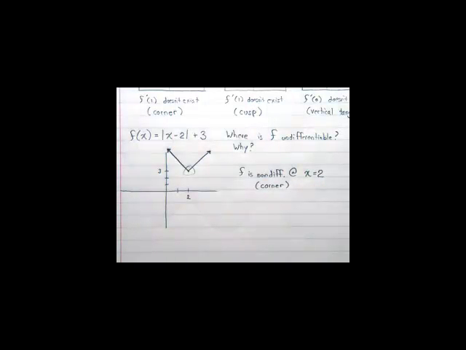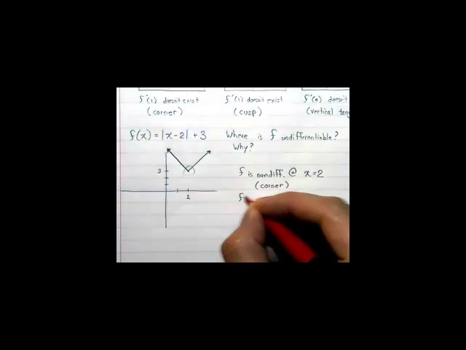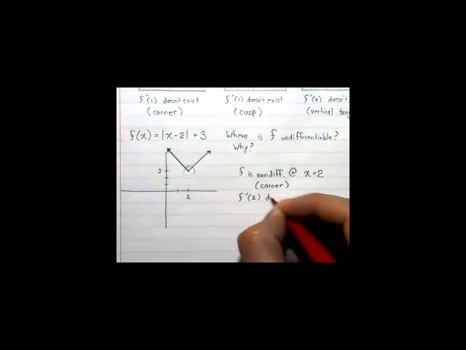Question? Remember, f prime means derivative. So f prime of 1 doesn't exist would be the same thing as saying f is non-differentiable at x equals 1. So on this one, when I say f is non-differentiable at x equals 2, I could have just as easily said f prime of 2 doesn't exist.